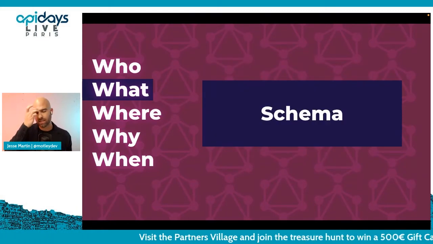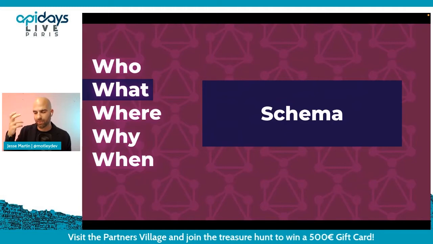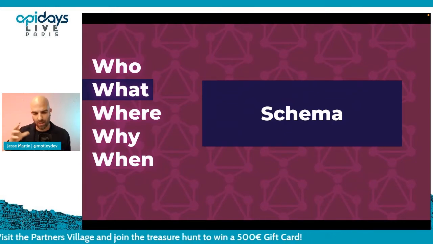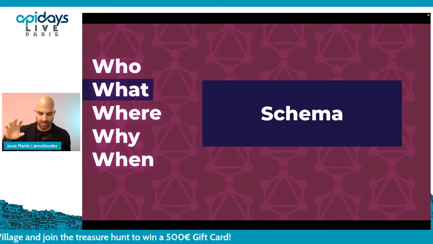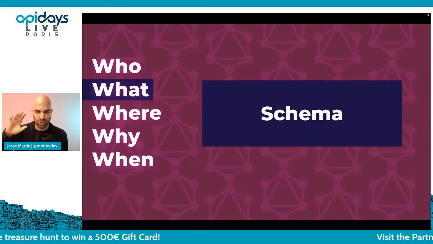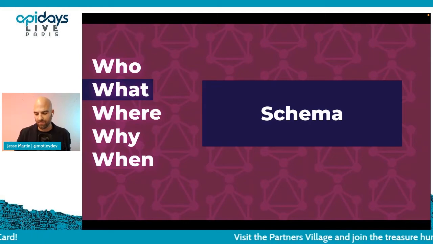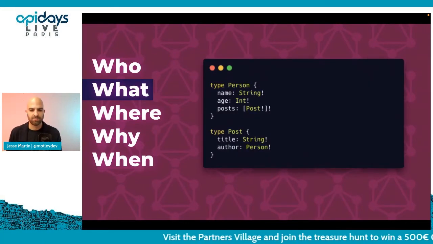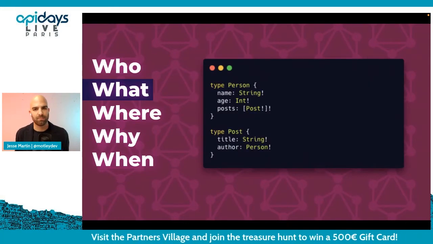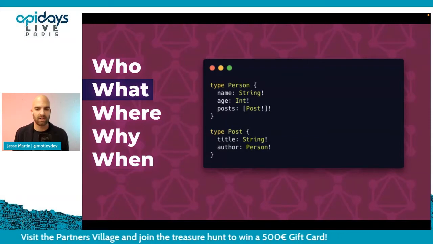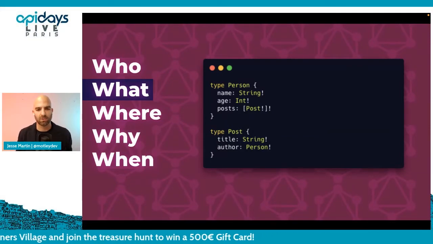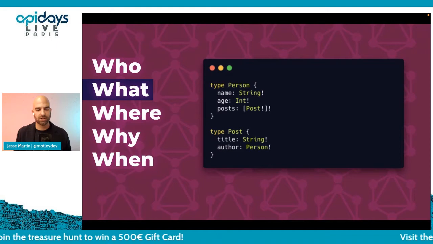GraphQL is kind of like a three-headed monster. We have the specification in terms of what it should do, but then we also have the schema. The schema is basically a bunch of types that you put together inside of a total document, and that's what we actually call the schema, the finished document.